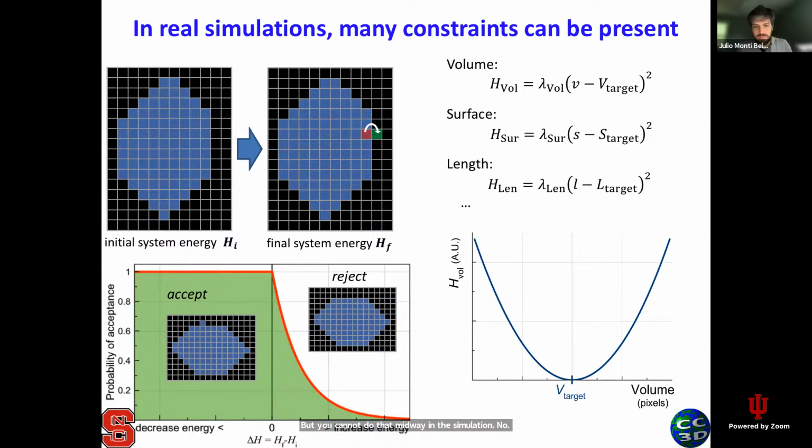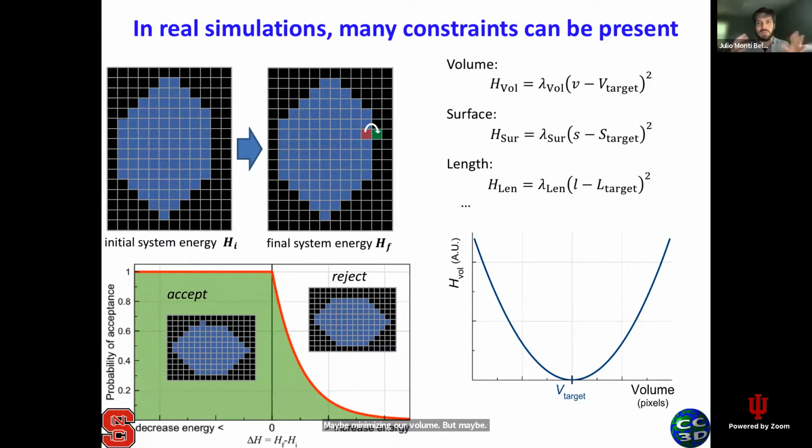Okay, and again, what I explained for the volume is also true for the surface, also true for the length, okay? And you may have combined constraints in a way that there is some kind of competition between either of those. Sometimes the same pixel flip may be minimizing your volume, but maybe increasing your surface, okay?